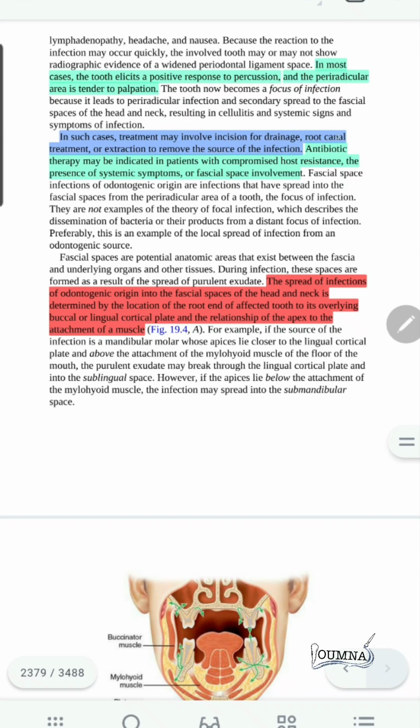Then we can decide if the tooth is treatable, to do a root canal treatment, or we extract the tooth to remove the source of the infection.